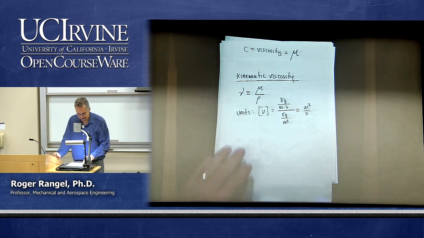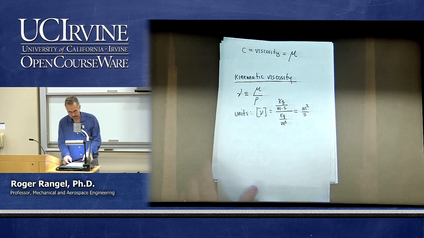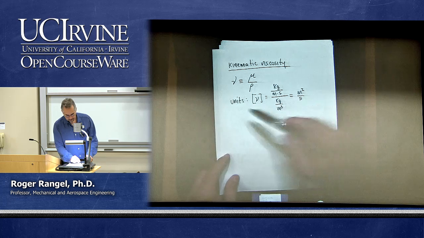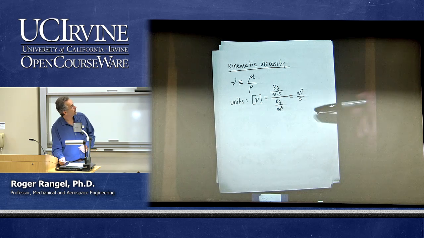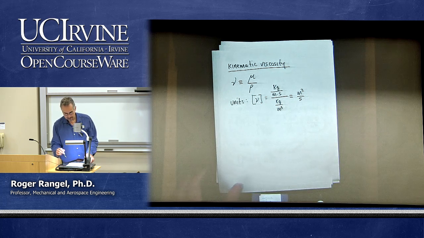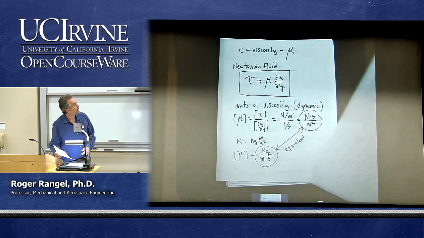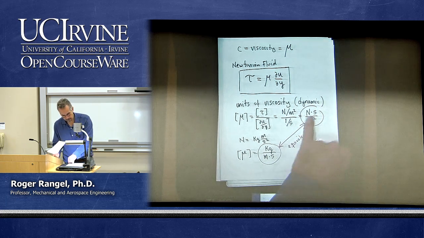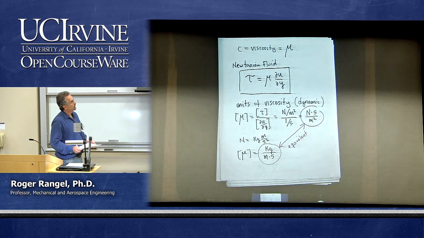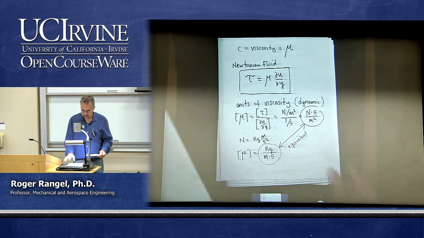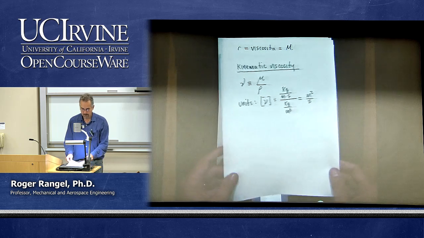And that's the reason for the name kinematic versus dynamic. As you can see, the kinematic viscosity has only kinematic units, length and time, whereas the dynamic viscosity also has the kilogram in it, or the force, if you write it in terms of Newton, and therefore the reason for the names.